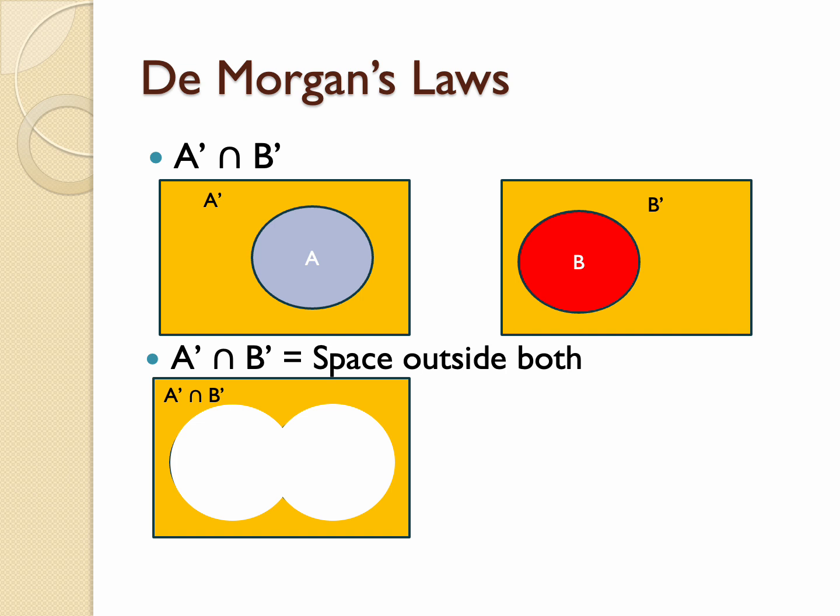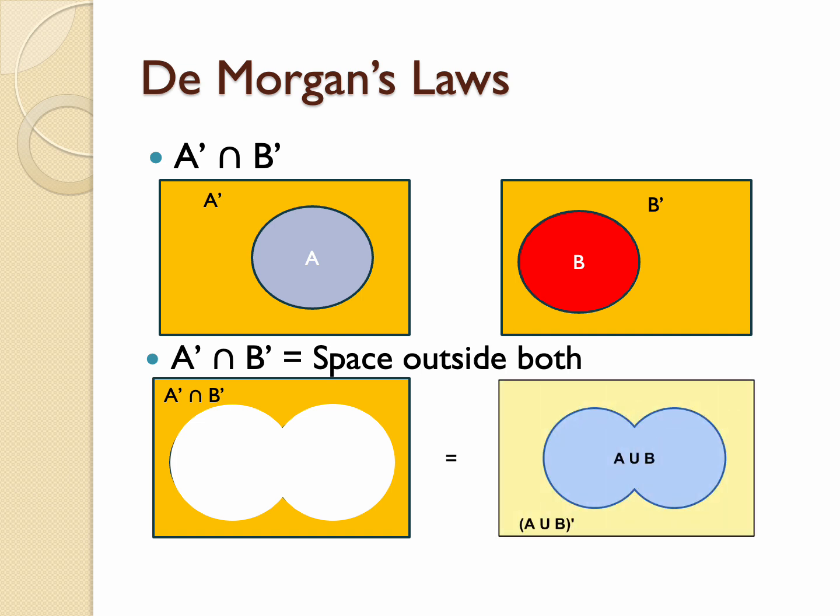You may remember what you saw on the last slide, but let's bring back the last picture from the previous slide here. And if you just ignore the color scheme, I hope you agree that the two diagrams look identical. Hence, we prove that (A union B) whole complement equals A complement intersection B complement.